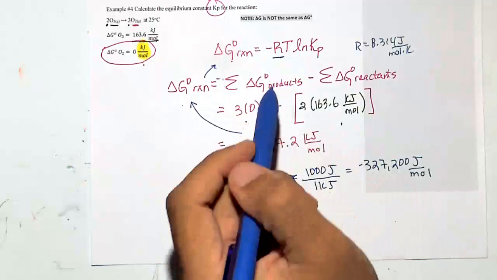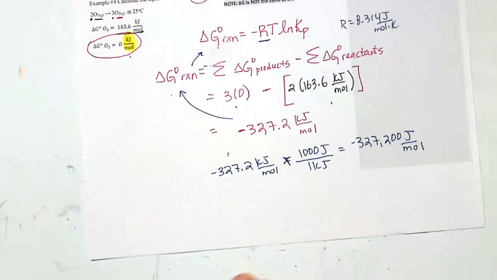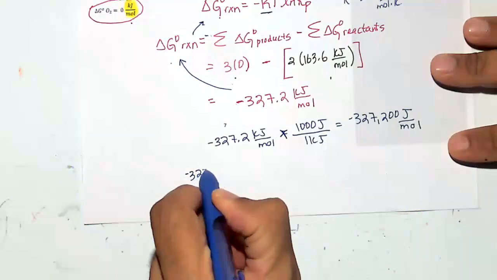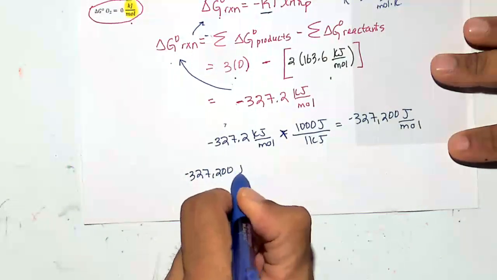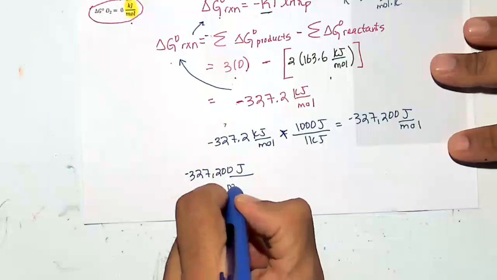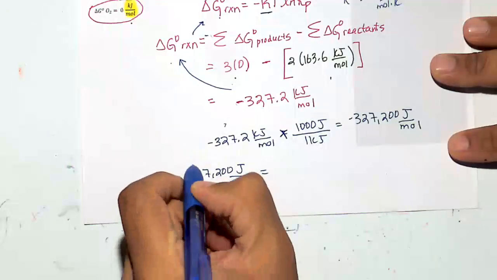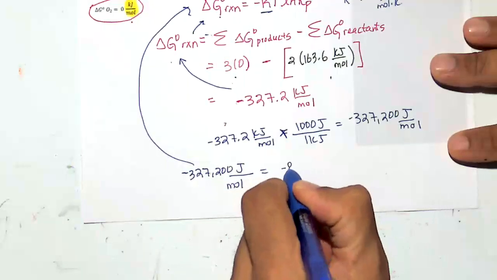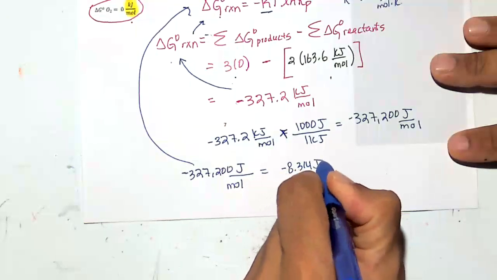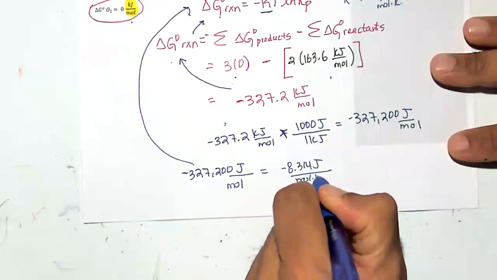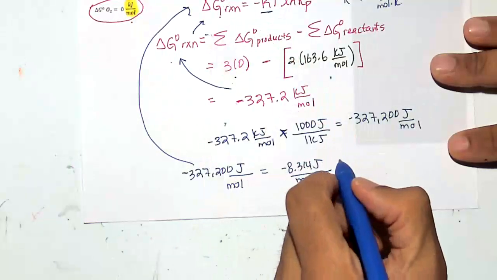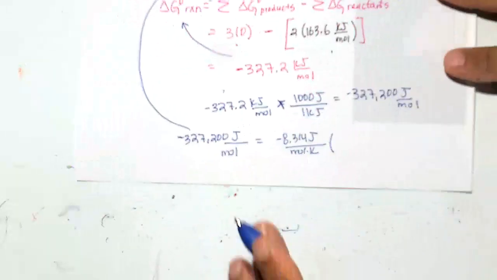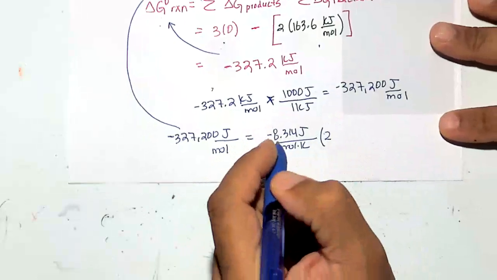Okay, now I can plug it in here and solve for Kp. Minus R, minus 8.314 joules over a mole Kelvin, minus RT. What is T here? 298. Thank you, Allison. Good.